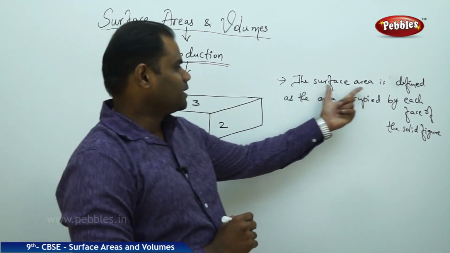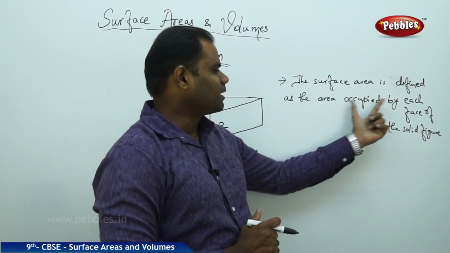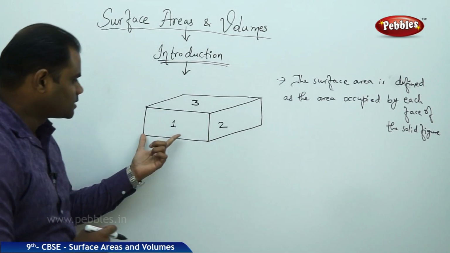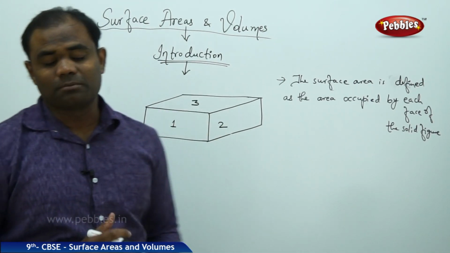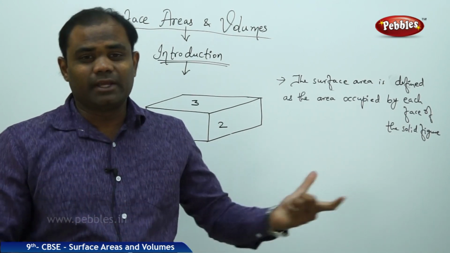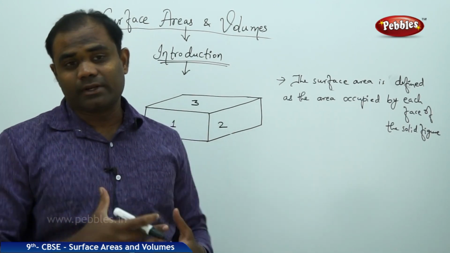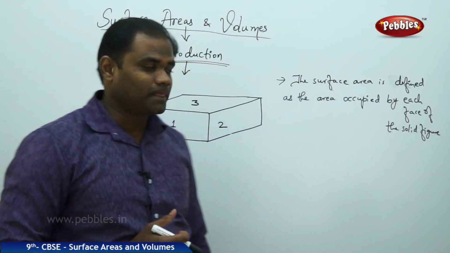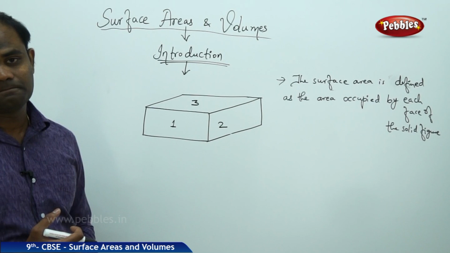In this case, there are 6 faces which occupy 6 different areas. When you add up all the 6 different areas together, the total area is called the surface area of that object. In this case, it's a cuboid.